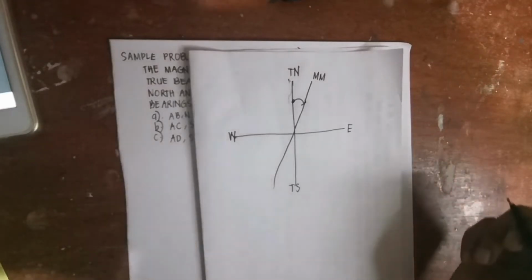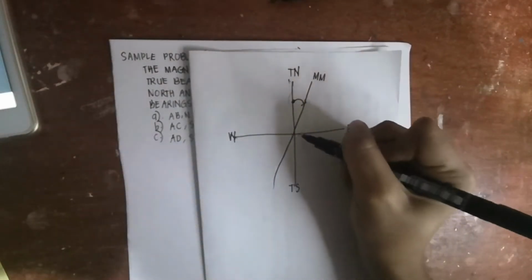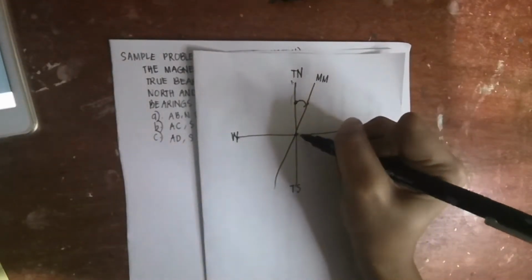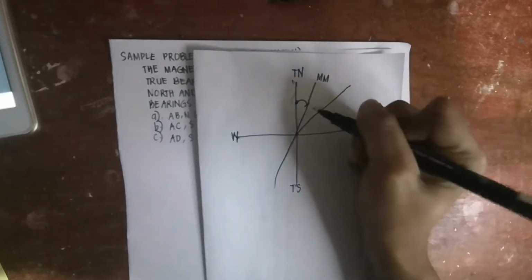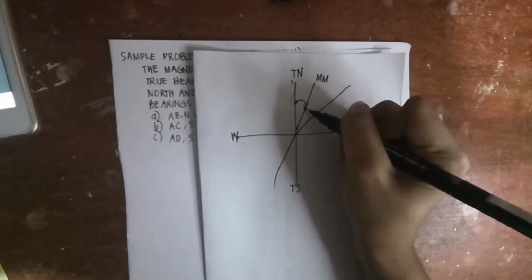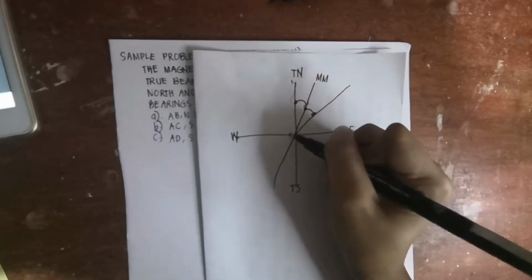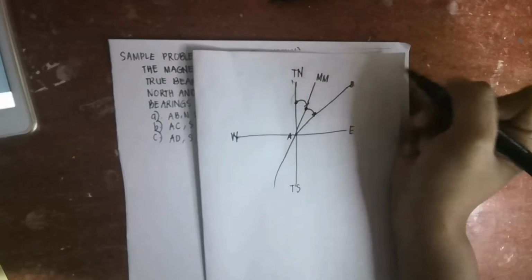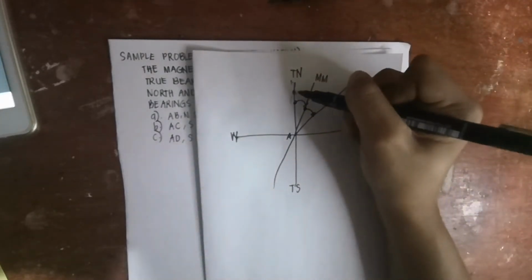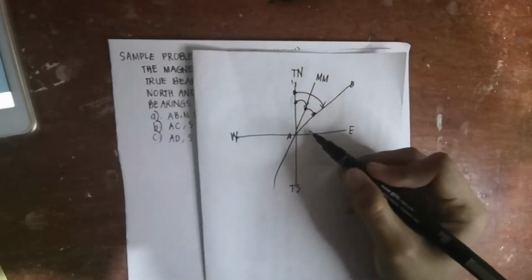Now, for getting the magnetic bearing and true bearing, the magnetic bearing is from the magnetic meridian to the line, let's say A and B. And for the true bearing, it is from the true meridian to the line AB.